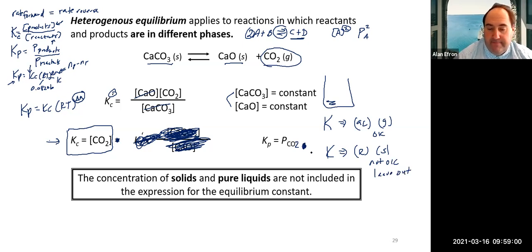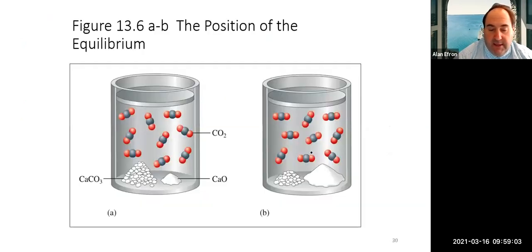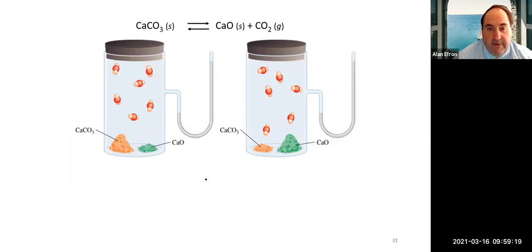Okay. So this picture is showing you, again, for the most part, solids not really participating with the gases here, remaining on the bottom. So again, we don't worry too much about them in terms of the equilibrium. If we look at this picture, we're measuring the pressure, as you can see here.